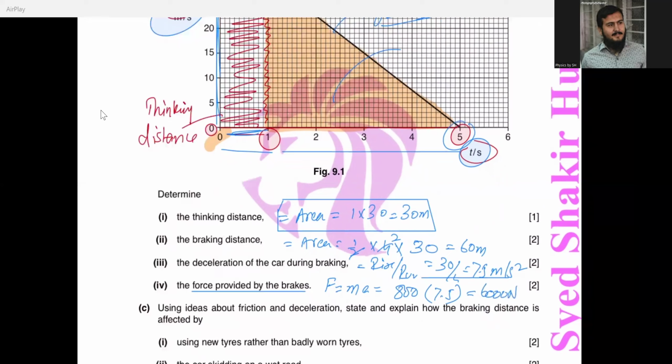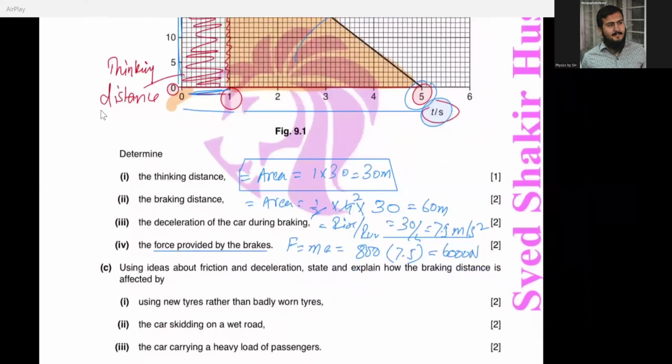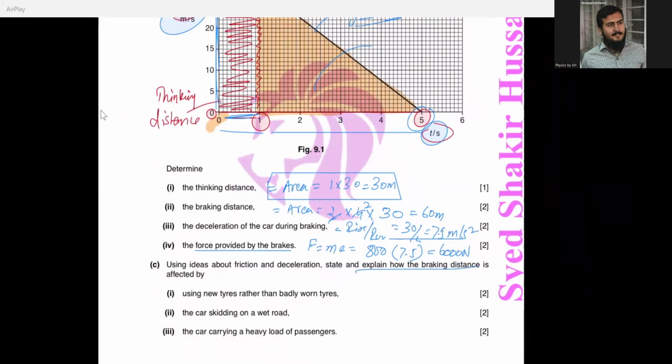All right. Using ideas about friction and deceleration, explain how the braking distance is affected by using new tires rather than badly worn tires. If you use new tires, that means there will be more friction. New tires means more friction. More friction means you would cover less distance, less braking distance. Less braking distance means less stopping distance, right?